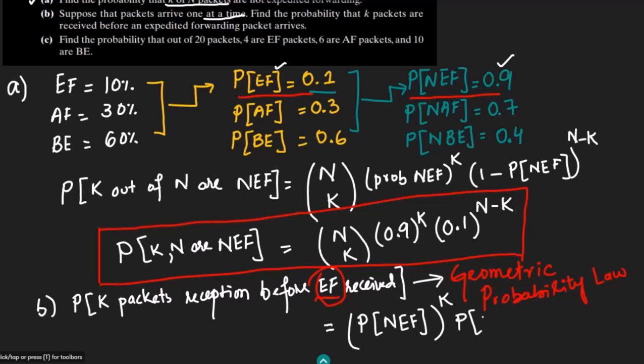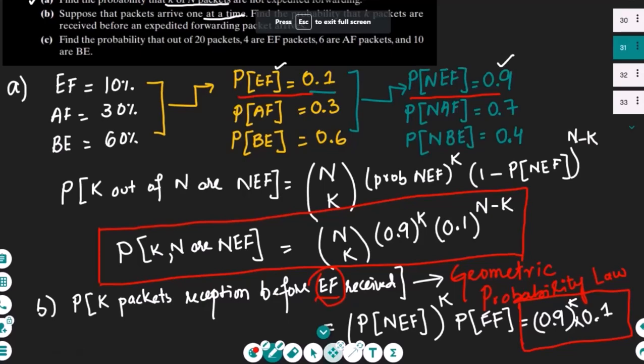We will receive this expedited forwarding. Okay, so this will be here. So now let me put their values here, and after putting their values, what will I get? I will get 0.9^k multiplied by 0.1. Okay, so this is the answer of this question as well. So this is the answer of part B.